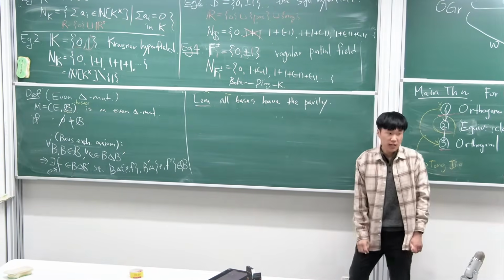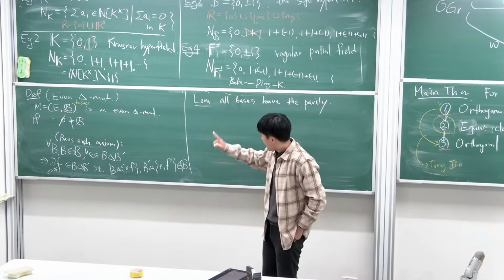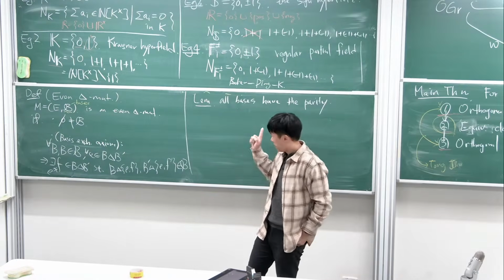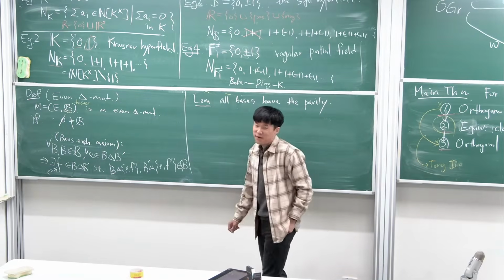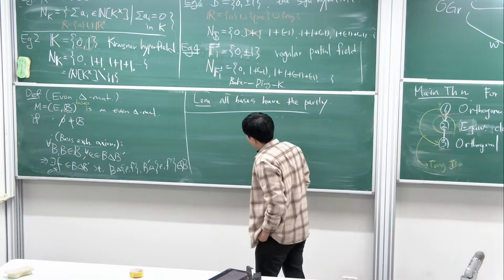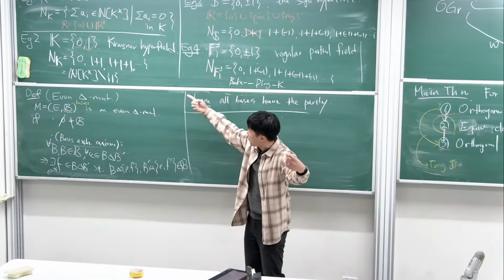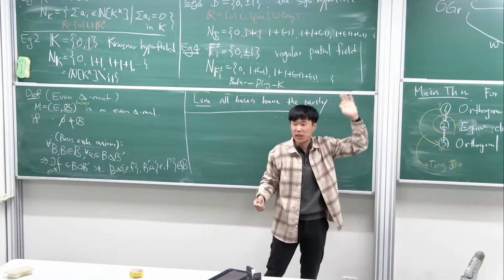Okay? And matroid is a specific case. When our bases have the same size, then this is precisely the matroid. So you may define matroid in that sense. This is a concept generalizing the matroid, and an orthogonal matroid is a homogenized version of the even delta matroid.